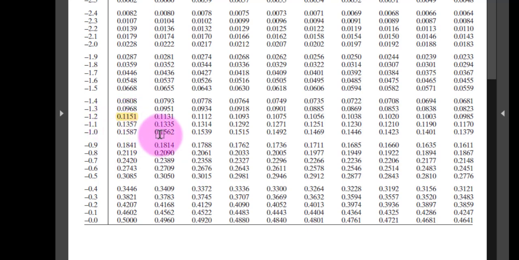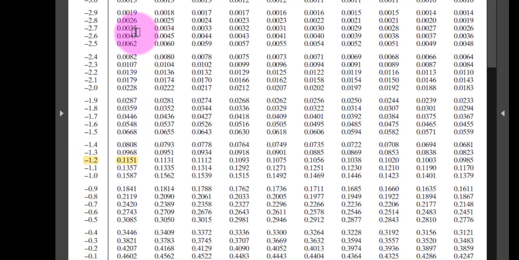Now that I have identified that location in the table, what is the corresponding z value? Well, this is in the row that says negative 1.2. And it's in the first column, so I know that first column corresponds to the second decimal point being a 0.